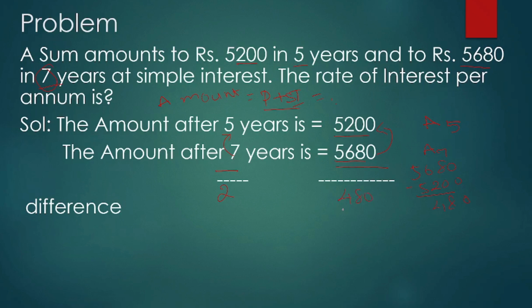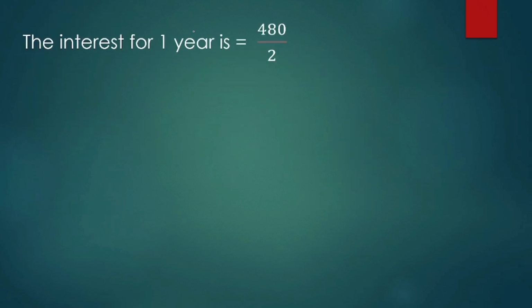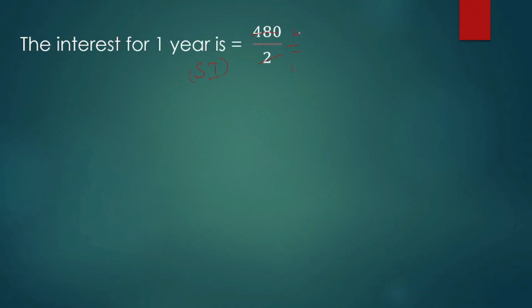For 2 years, we have the simple interest paid as 480. So the simple interest for 1 year is 480 by 2: 2 twos are 4, 2 fours are 8, 0 for 0. So for 1 year it is 240.